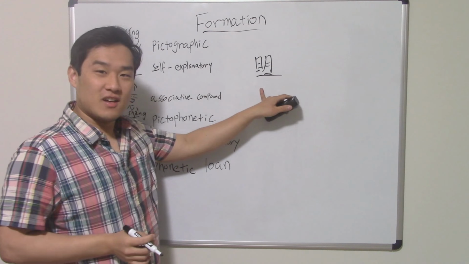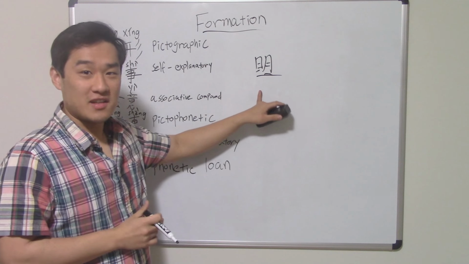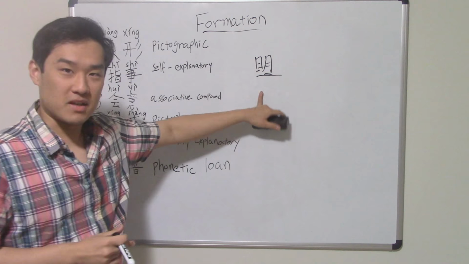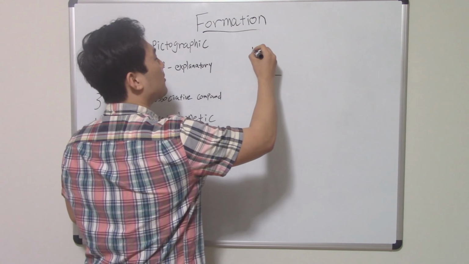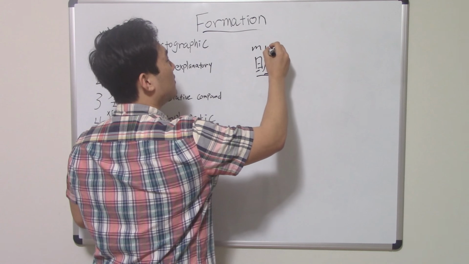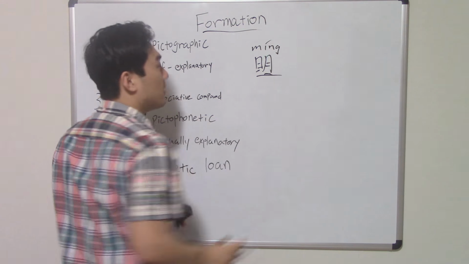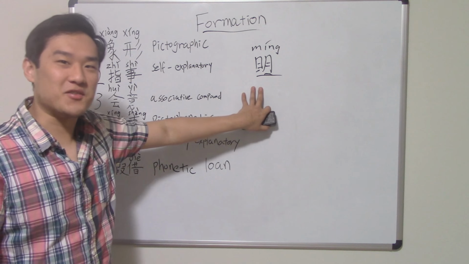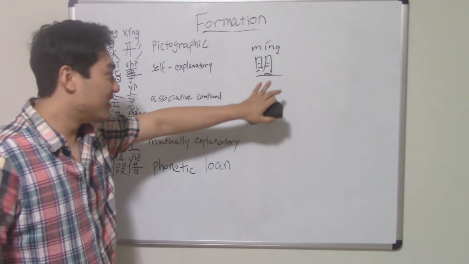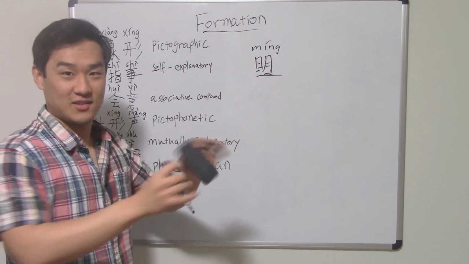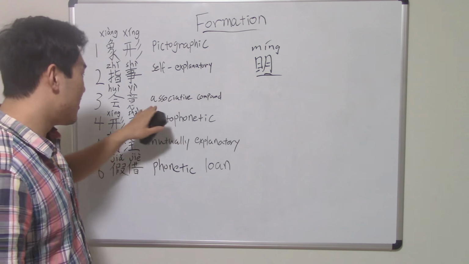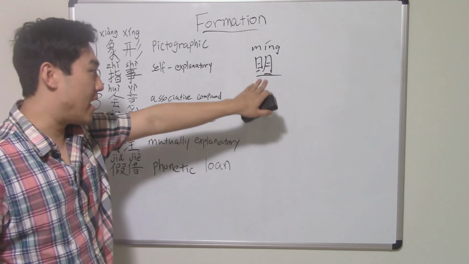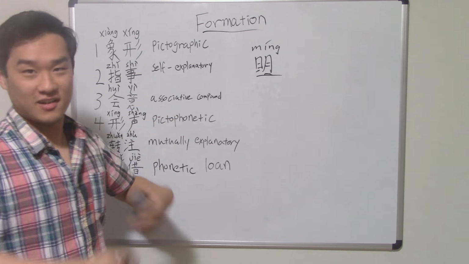This word means bright, and in Chinese it's 明. Let me write the pinyin down here. Kind of makes sense, doesn't it? There's a moon, there's a sun, they're both bright, so it shows the similarity. Associative compound. That's why the word 明, bright, is formed.